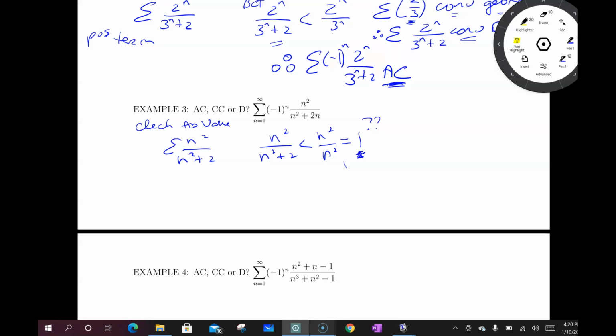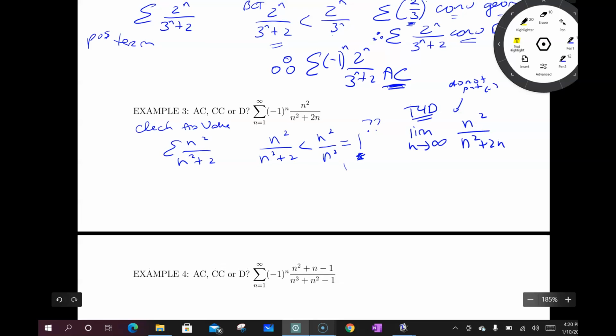This is where I think, wait a minute, something fishy's going on. When I think something fishy's going on, I think test for divergence. It doesn't work very often, but when it does, often it's the only thing that will work. Test for divergence we only do on the positive part. We do not put the (-1)^n in there.